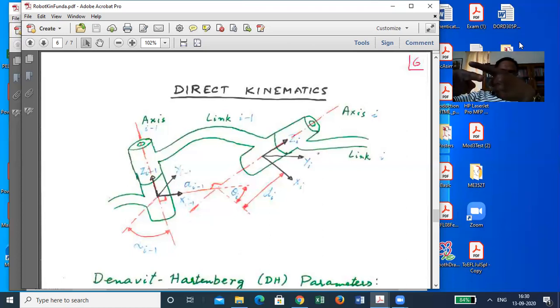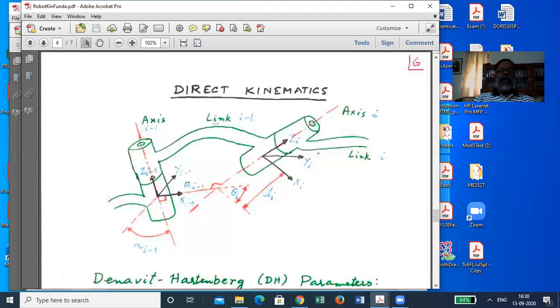So they need not be parallel and they need not be coplanar. So these lines are skew, which have a distance between them. That is a minimum distance and that is a normal distance. So that normal distance and that direction of the common perpendicular plays an important role in the way we assign the frames of reference.